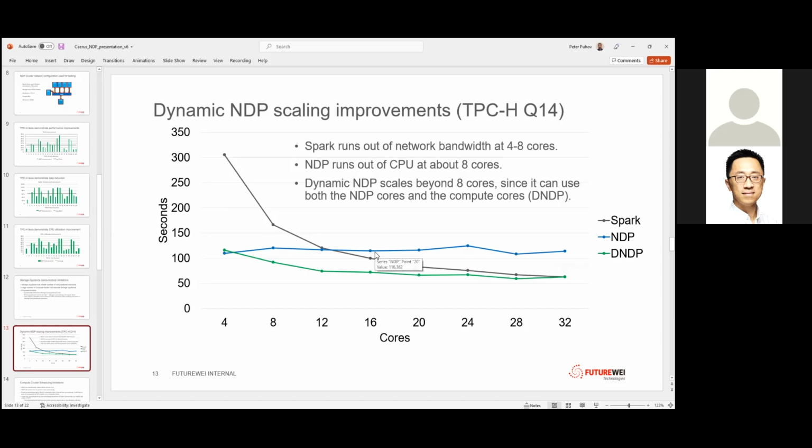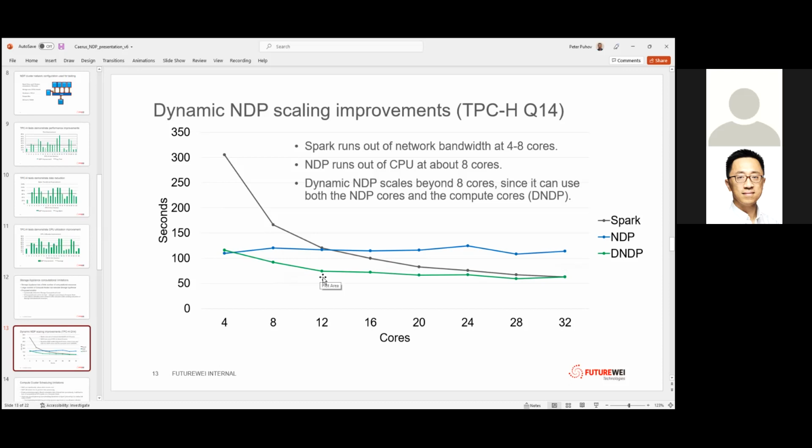So if we engage NCP, near compute processing capabilities, somewhere between 8 and 12 cores, this is the green line below, we benefit from both worlds. On one hand, we will not saturate the network because storage reduces some amount of data.